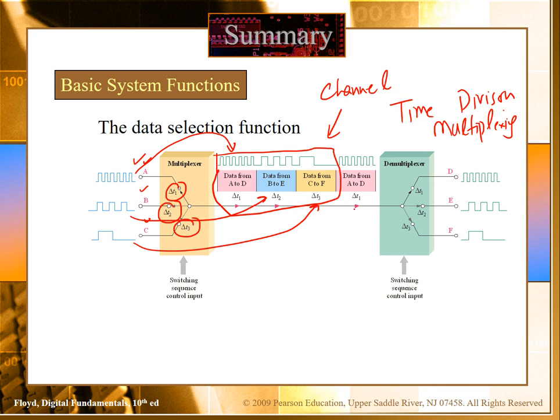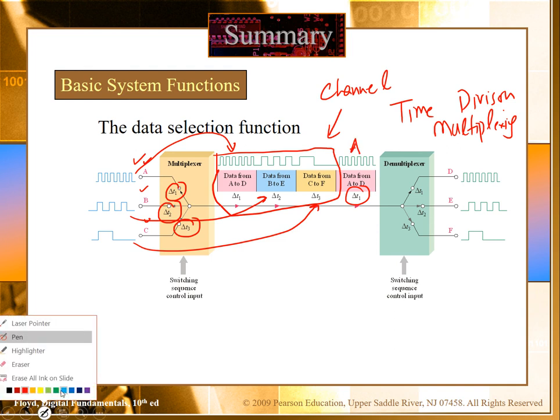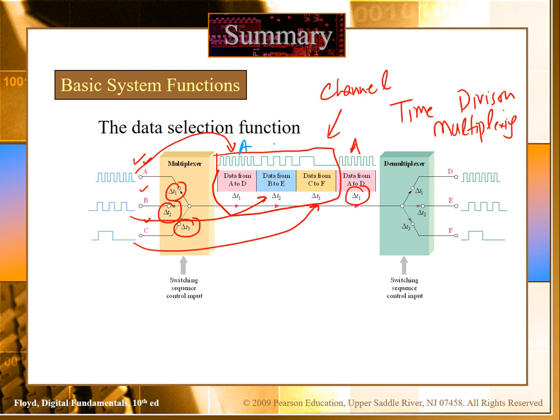Then again we have the first time period for the first data stream, which is our A. So this was our data streams A, B, and C. Then again we have A, B, and C. So we are transmitting like this in the channel.